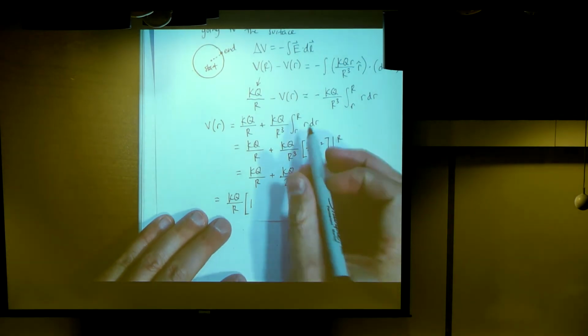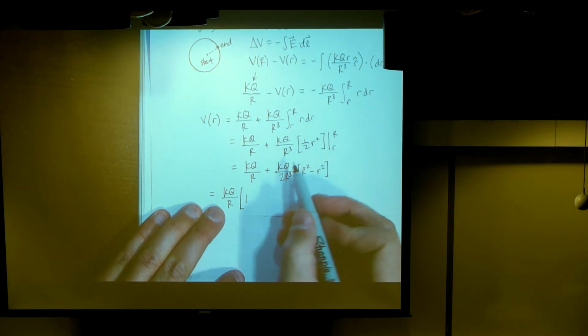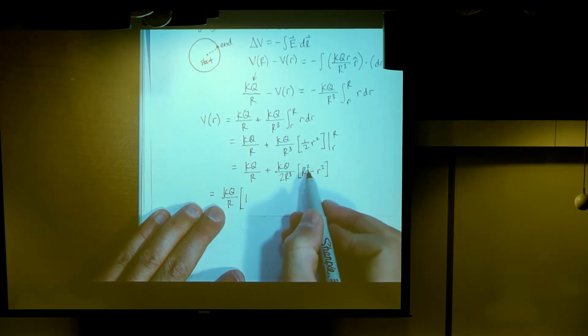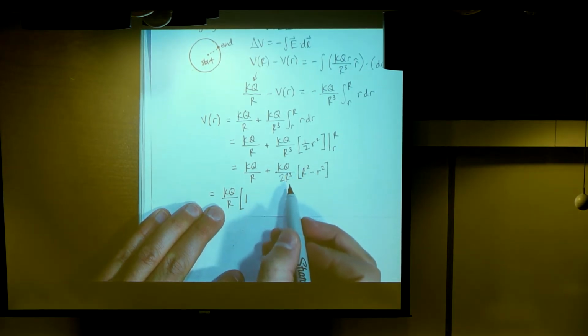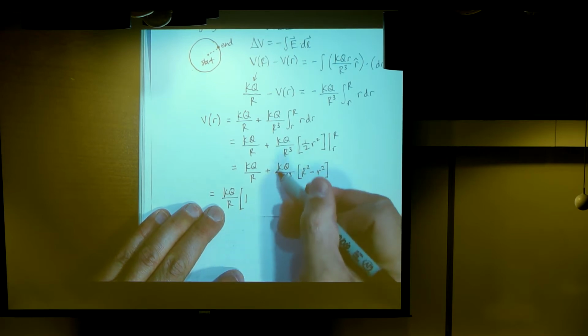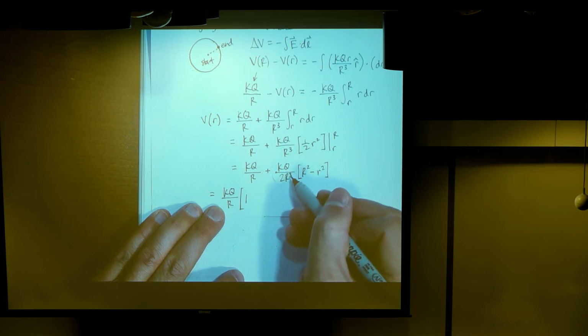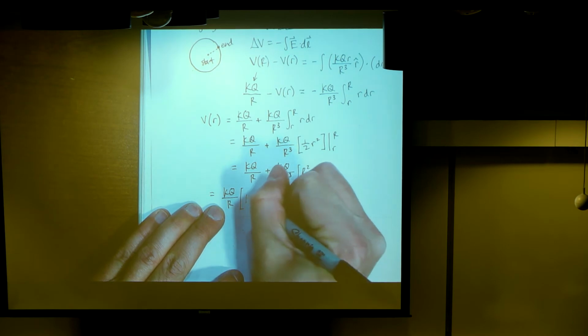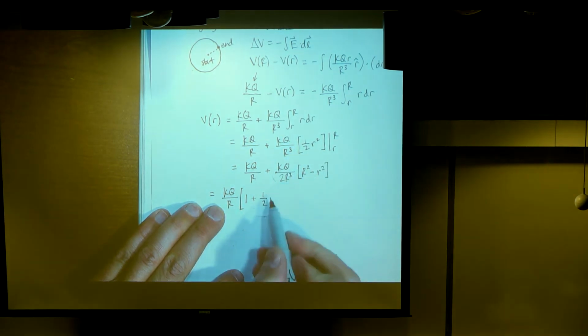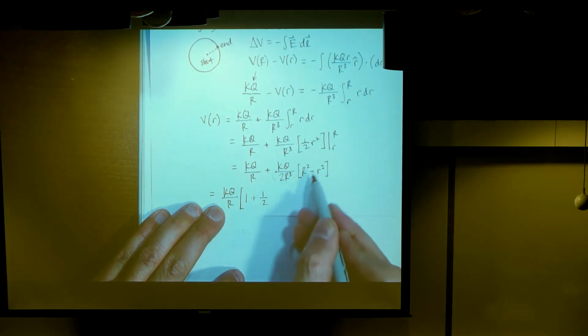If we think about the second term, that's K, big Q, times big R squared, but then divided by 2 big R cubed. So overall, if I combine these factors of big R, I'm just going to have big R on the bottom one time, right? And then the factor I'll pick up is a half. Okay, so this half factor comes from the second term right here.